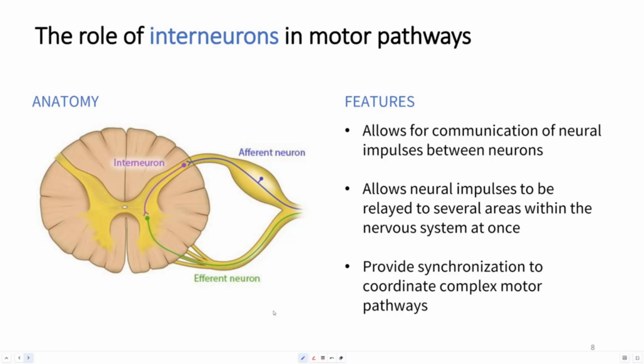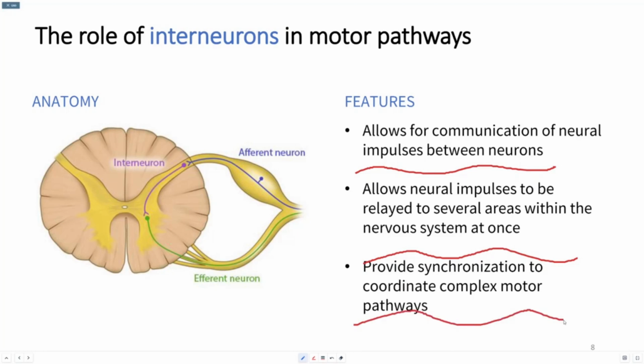They're organized into circuits and are responsible for many functions, including allowing communication of neural impulses between neurons, allowing neural impulses to be relayed to several areas within the nervous system at once, and also providing some synchronization in more complex motor pathways. There are some reflex responses that require interneurons to be able to generate a quick signal. And this allows for more accurate perception of the body's position and movement. You can see they're located inside the spinal cord.